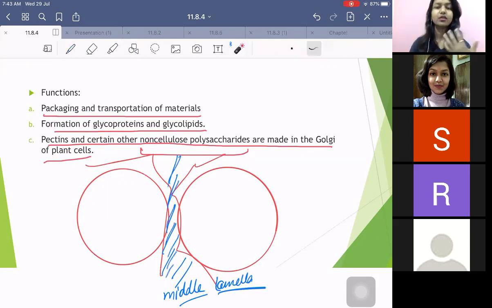You require it. What is going to make it? Your Golgi apparatus will make pectins, which are non-cellulosic. Some other polysaccharides can also be made by Golgi apparatus. Whatever modifications are required in the proteins and lipids that the endoplasmic reticulum has made will be done by the Golgi apparatus. Is that clear? That's the function of Golgi body.